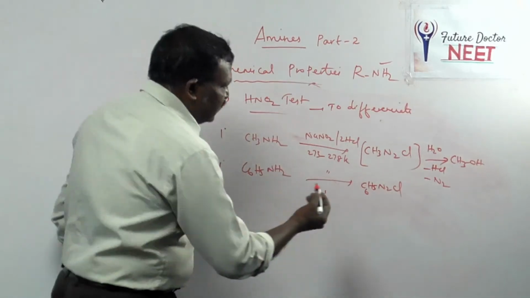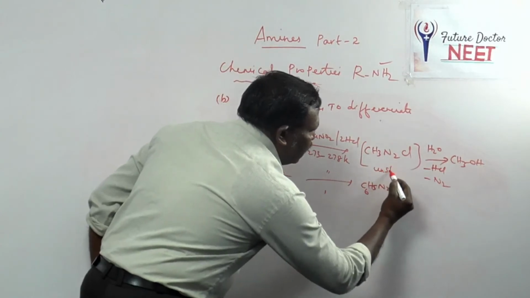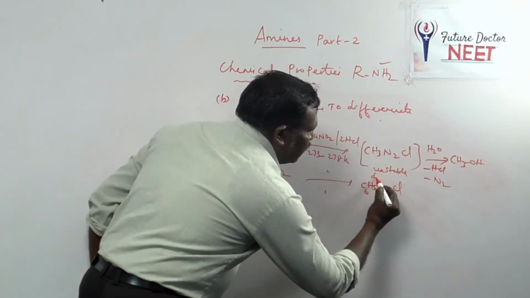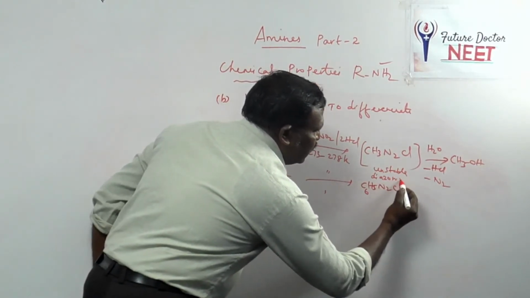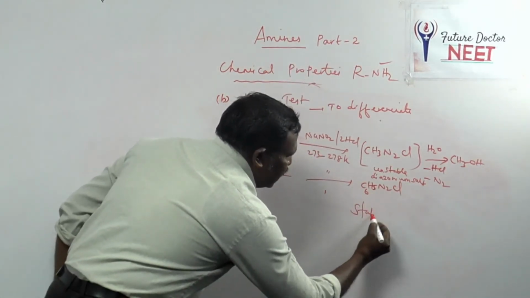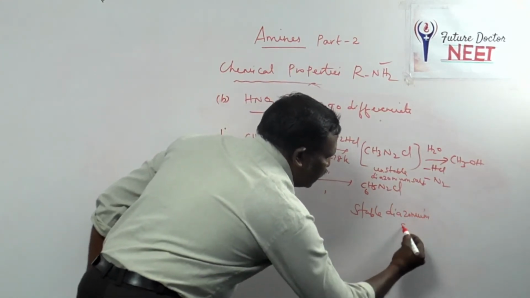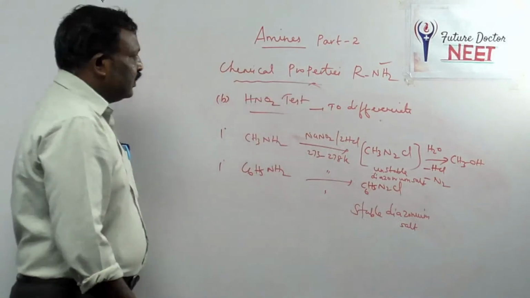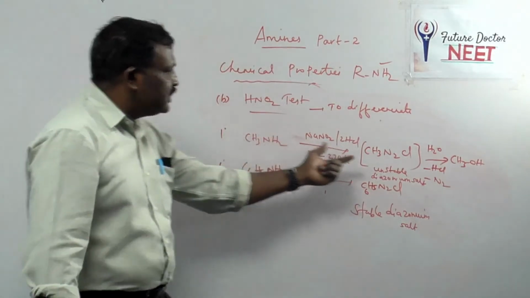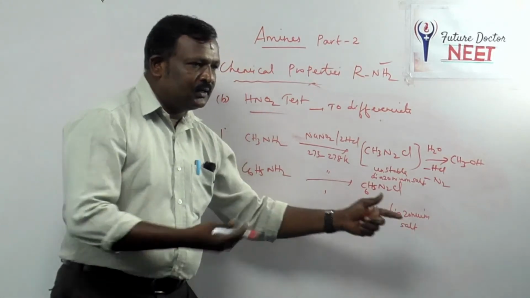That's the difference. So this is the unstable diazonium salt, and this is the stable diazonium salt. Aliphatic amine produces an unstable diazonium salt, aromatic amine produces a stable diazonium salt. This is a way to differentiate.